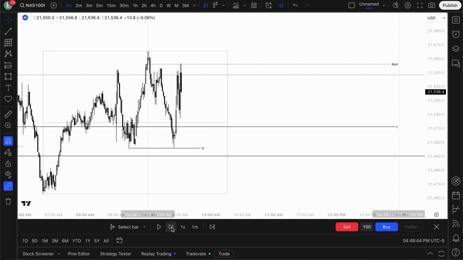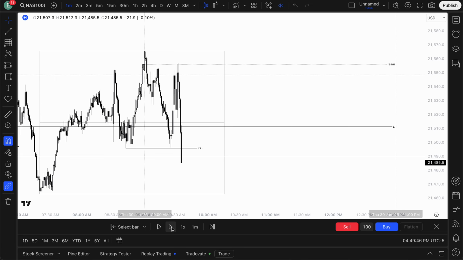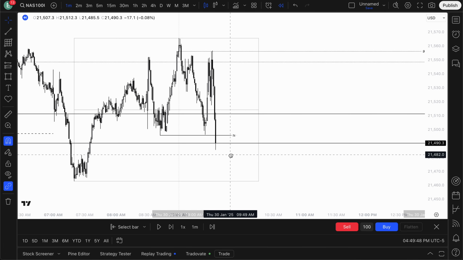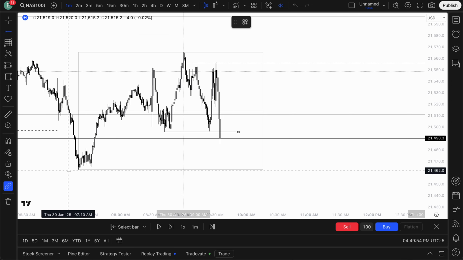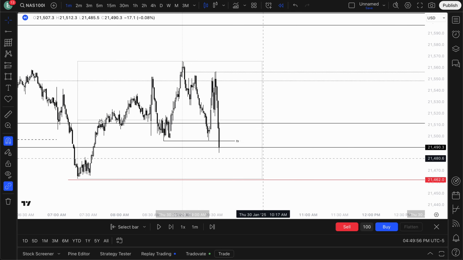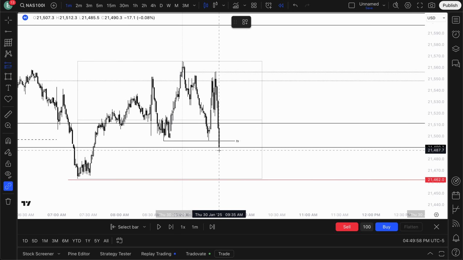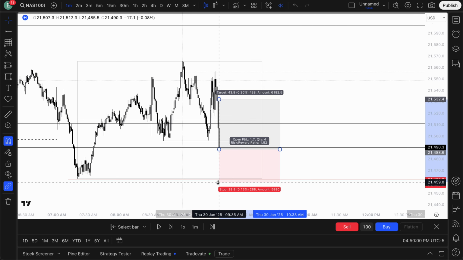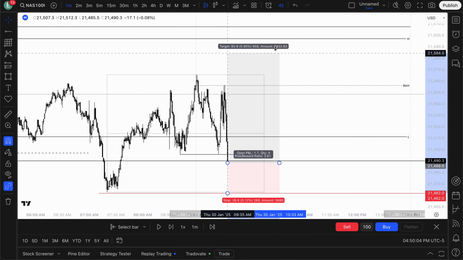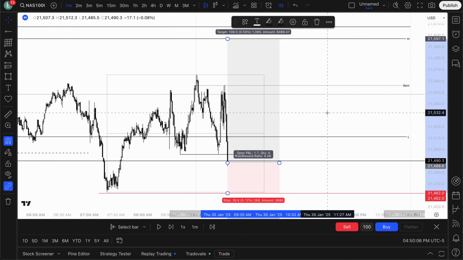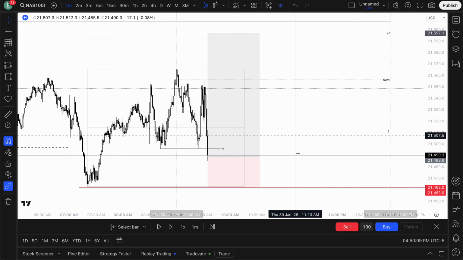And then we're waiting. Bam, there's our manipulation. I entered as this was wicking down here. Original stop loss was right here at the low. Right? So I entered here on a wick. Stop was right here. And since the 50% was already hit, the second target was the high. So you get a 1 to 4 risk reward.